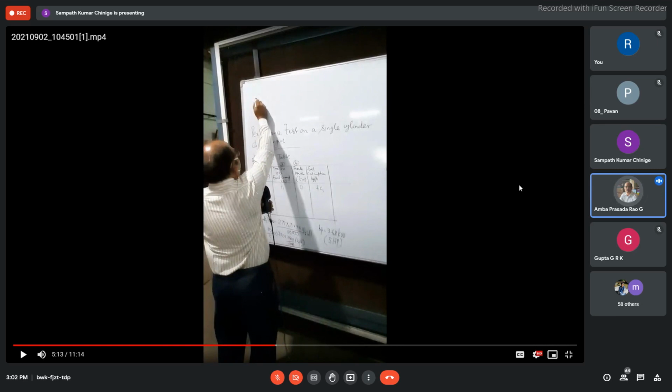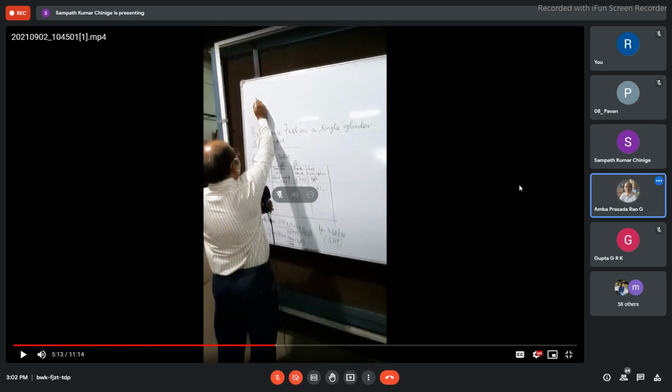That is an approximation, and also a well-known fact, because it is a strong function of speed only. So this friction power, whatever we obtained from the fuel consumption versus brake power curve, will be added to every brake power, because this is a constant speed test.